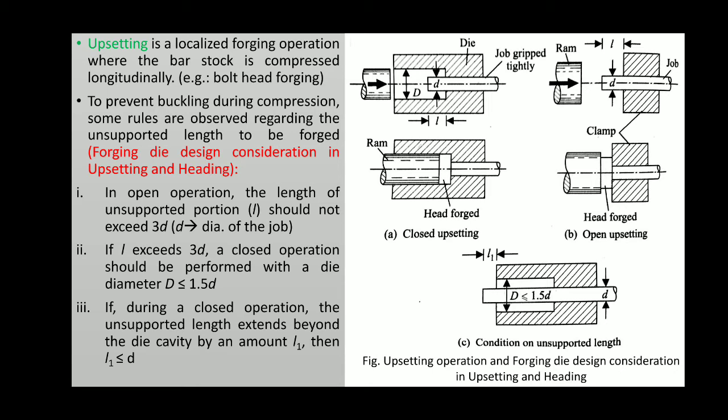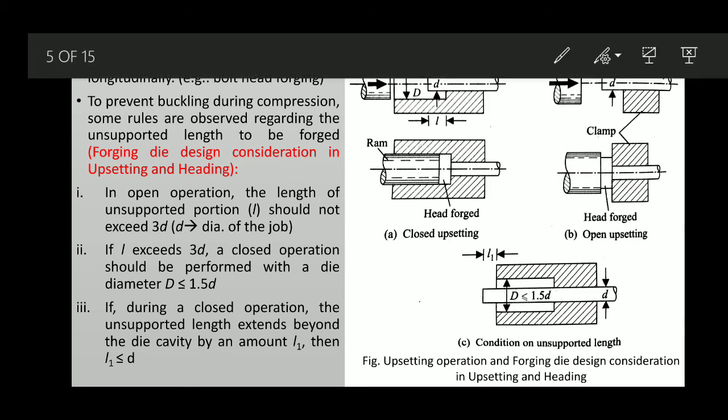It should be performed with a die diameter less than or equal to 1.5 times the diameter of the job. As you can see in the figure, the die diameter is shown by the capital D.